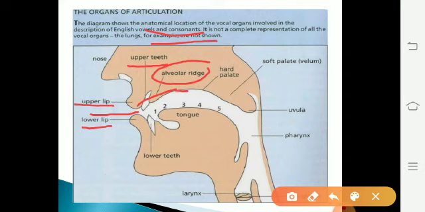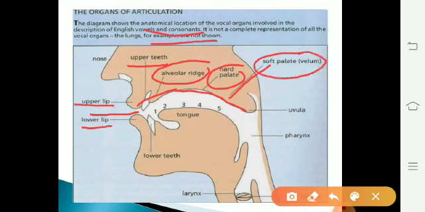Then the roof of the mouth becomes a concave surface, which is called the hard palate. Then the roof of the mouth becomes soft and fleshy. This is called the soft palate.